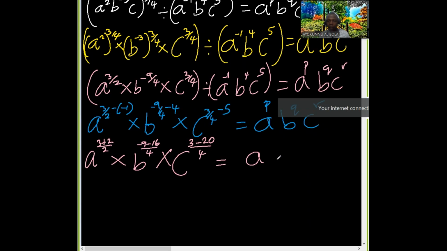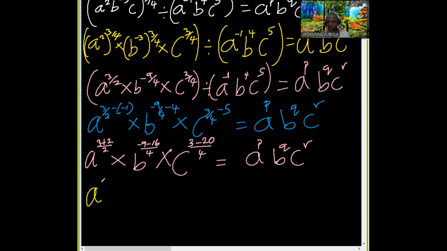Equal to A, B, C, power P, Q, R. Are you getting this? Yes, sir. Okay. Now we have to solve for these fractions and say A raised power 5 over 2 times B raised power, what is negative 9, negative 16? What would that give you?